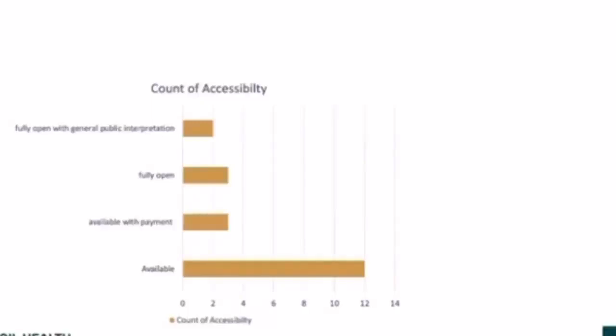Very few, probably about 5, were ones where I had to use a payment and couldn't go any further without paying, or I saw a lot of them that you had to be a member in order to read. I had a small percentage that were fully open as well, and then an even smaller number that were fully open with general public interpretation.